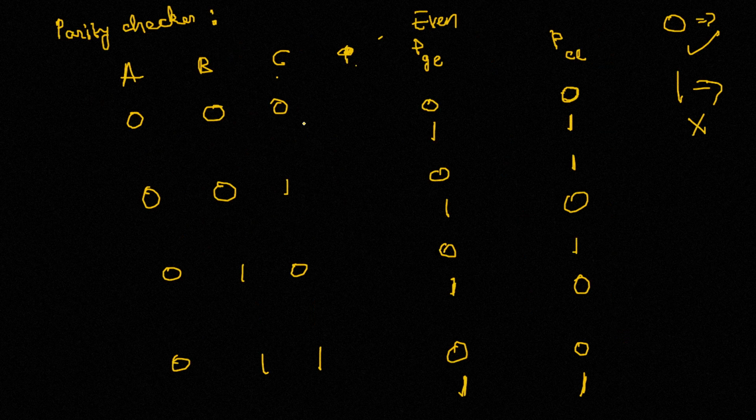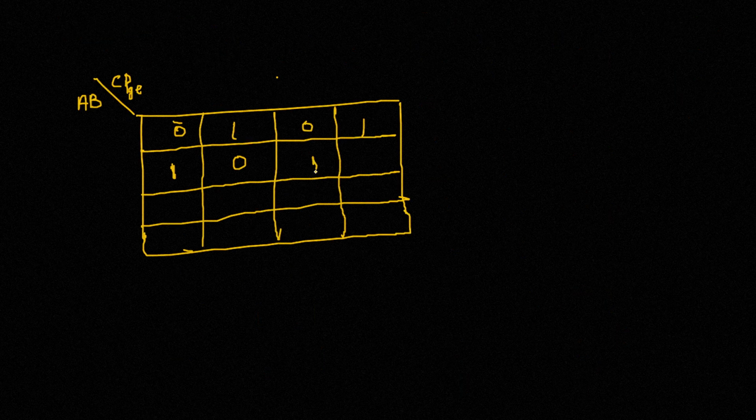Then the next value of 1 comes at 7. So 7 is 1. Then we have 8 is 1, 10 is 1, then 11 is 1, and 13 and 14 are 1. Okay.